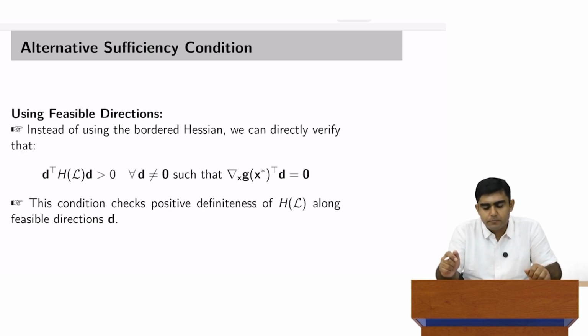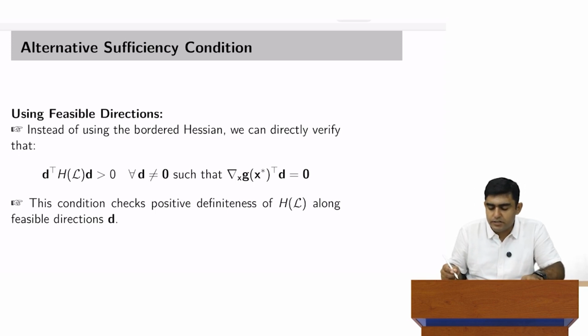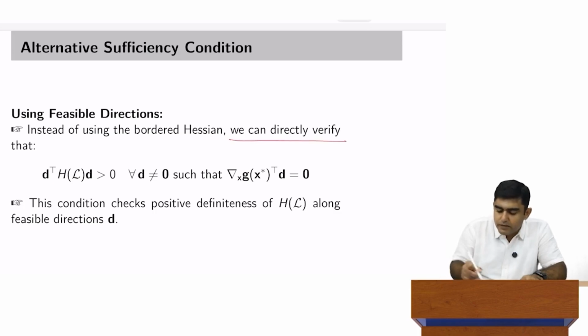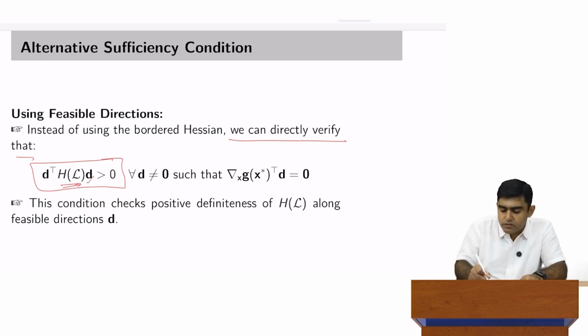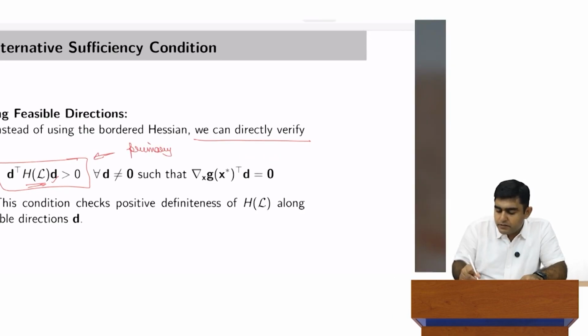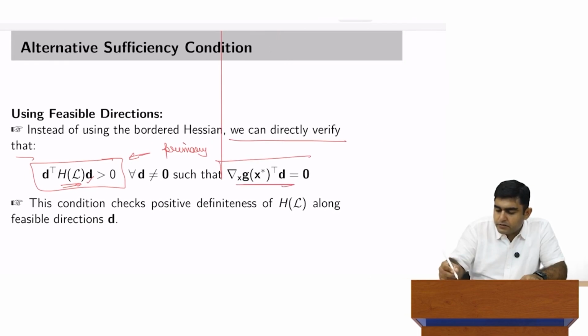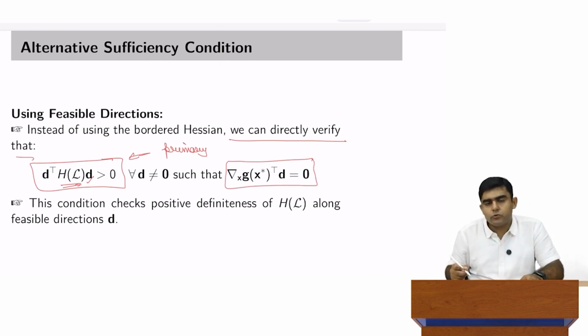But we can also go by the first principle of feasible directions. Instead of using the bordered Hessian, we can directly verify that D transpose multiplied by Hessian of Lagrange multiplied by D vector should be greater than 0. This was our primary condition, by the way, in combination with D being in the null space of the gradient.